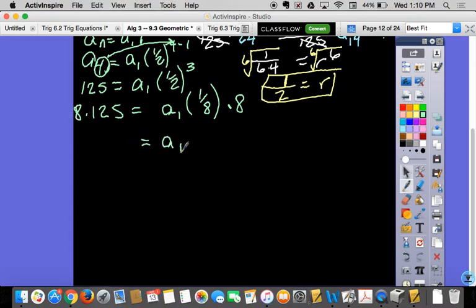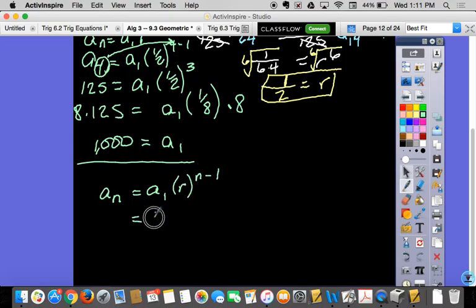So a sub 1 is, I do believe, 1,000. It is. So go back to our original: a sub n equals a sub 1 times r to the n minus 1. Now I know that 1,000 goes here, 1/2 goes there.